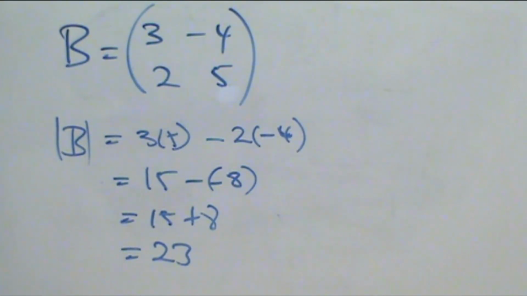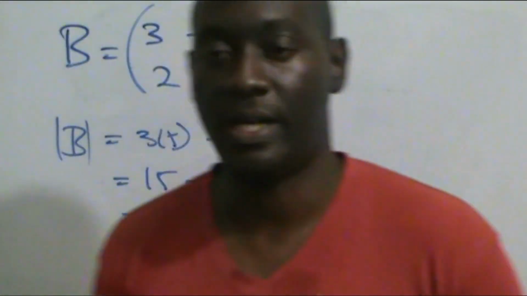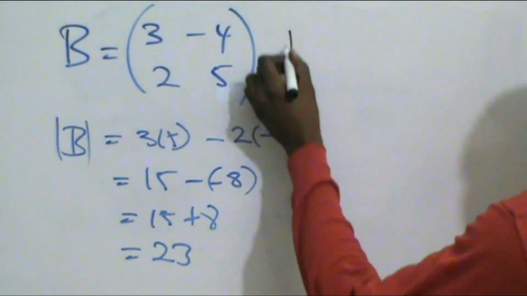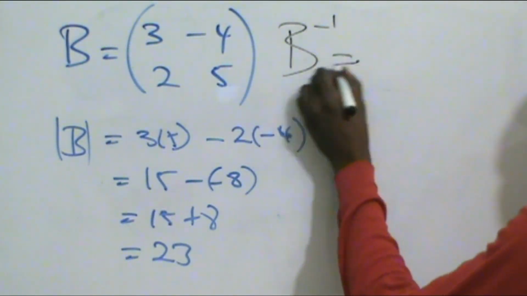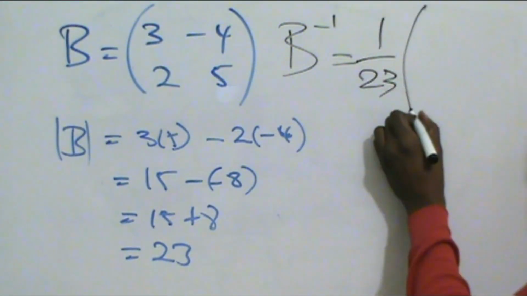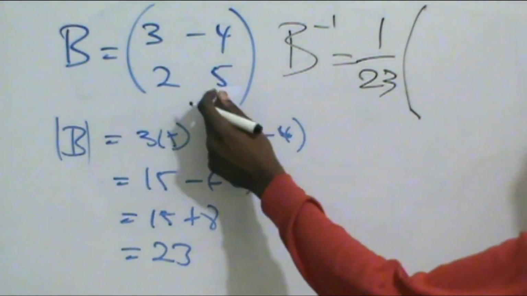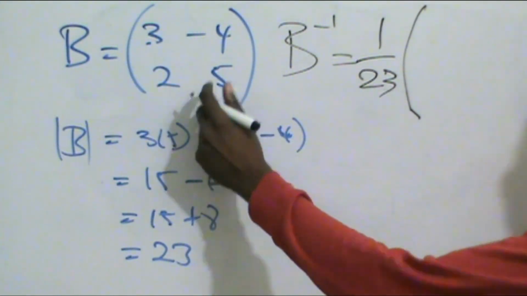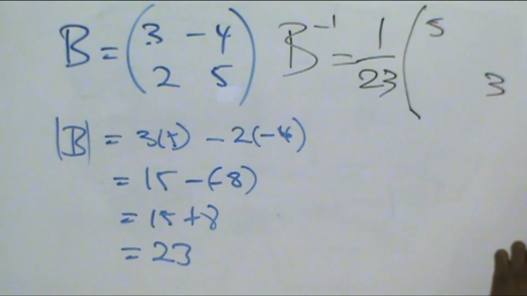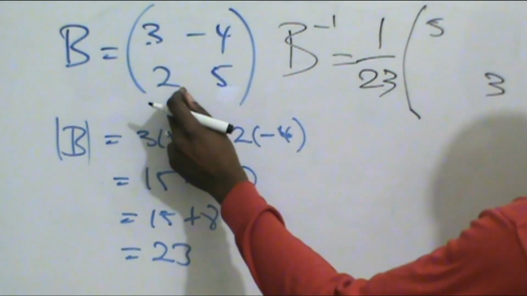Now, with that knowledge, we're in a position to find the inverse. B minus 1 will simply be 1 over 23 times the adjoint. We switch the 3 and the 5, so you put the 5 here and the 3 down here, and then we switch the signs of these two.